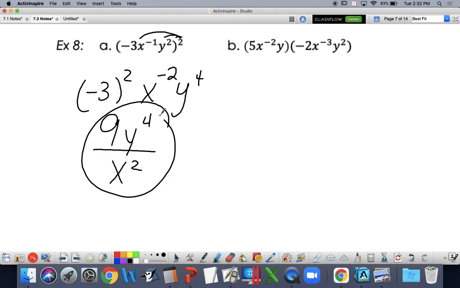No, there's no plus sign. The FOILing only happens if you've got pluses and minuses. You're just multiplying. Yep, you're just multiplying. Keep the base, add your exponents. Multiply. You're not raising a power to another power.